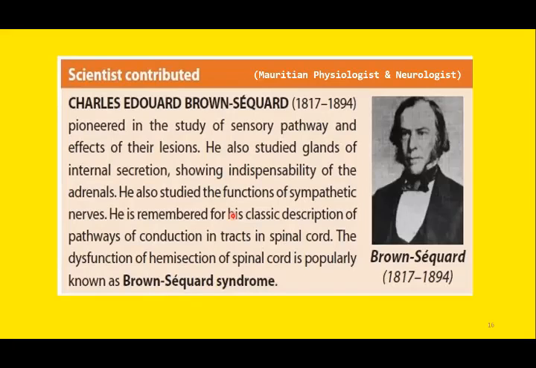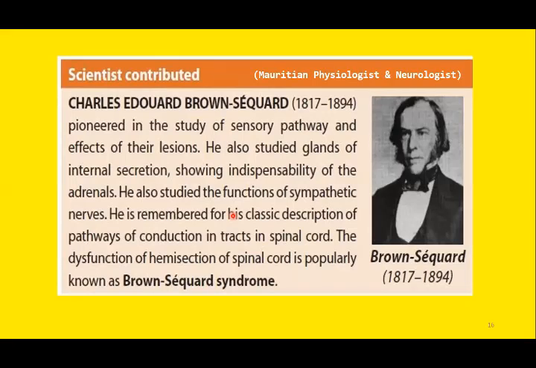So what is Brown-Sequard syndrome? This is, in simple words, hemisection of the spinal cord. I repeat, this is hemisection of spinal cord. By hemisection of spinal cord, we mean there is lesion or damage to the lateral side of the spinal cord on one side.